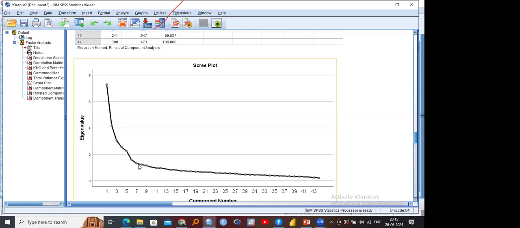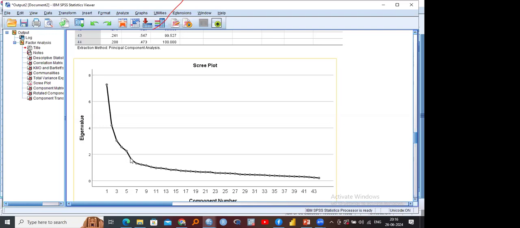By default, every software makes those many factors. The number of factors is always the same as the number of variables. Suppose if you have 44 variables, you will always have 44 factors by default. Now you have to decide how many factors should be retained.